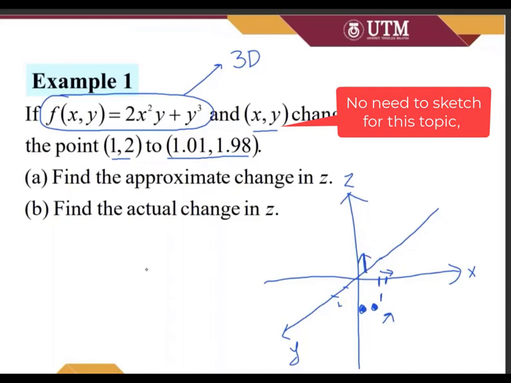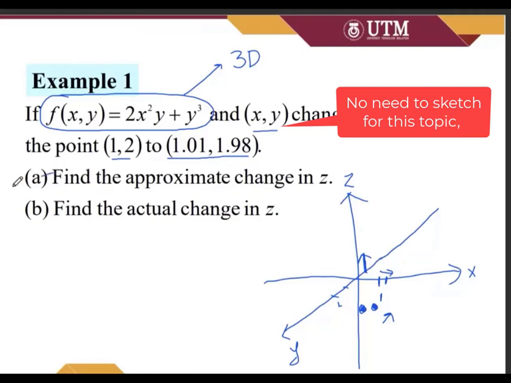Let's say you have a company and you design some object, such as a box, and you ask your staff to increase the length of x and decrease the length of y. Then you can use this formula to get the change of z, the total differential.